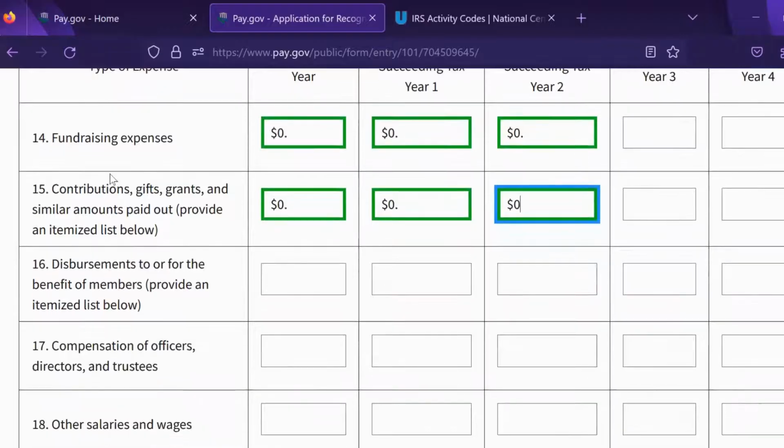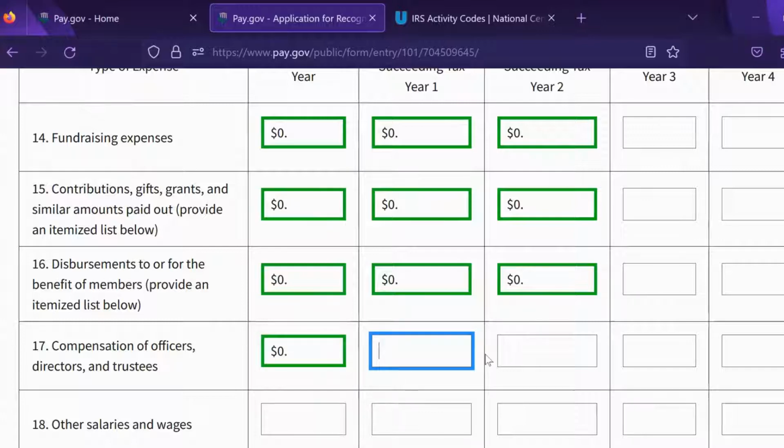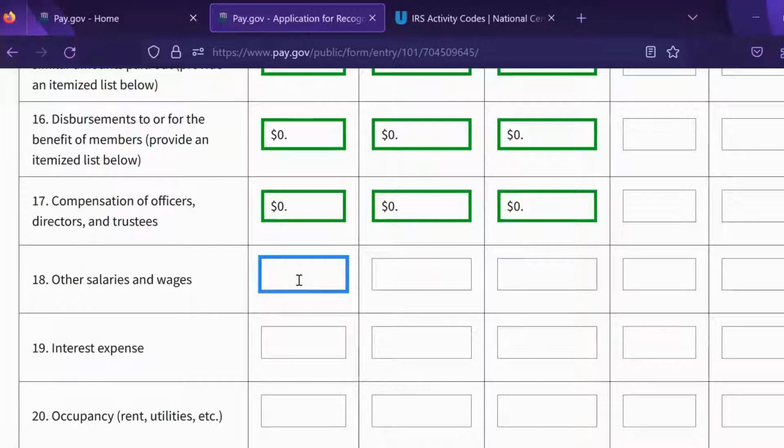Disbursement for the benefit of members, provide an itemized list below. She does not have any, she's not planning any of those items for members, and she's not compensating her officers, directors, or trustees.